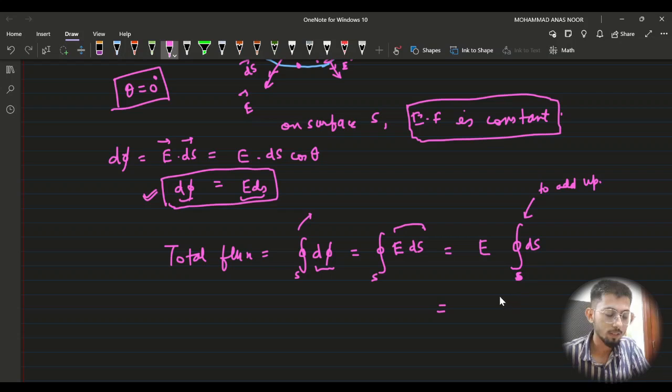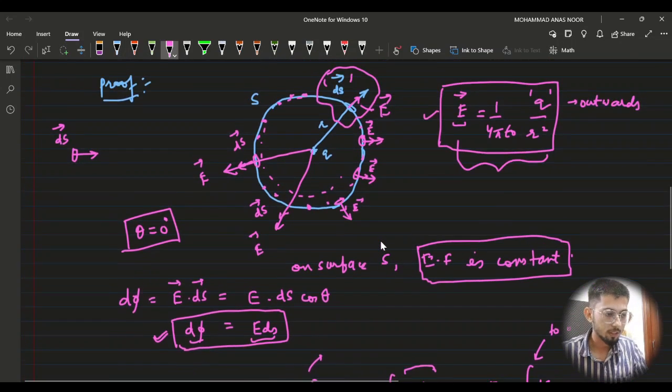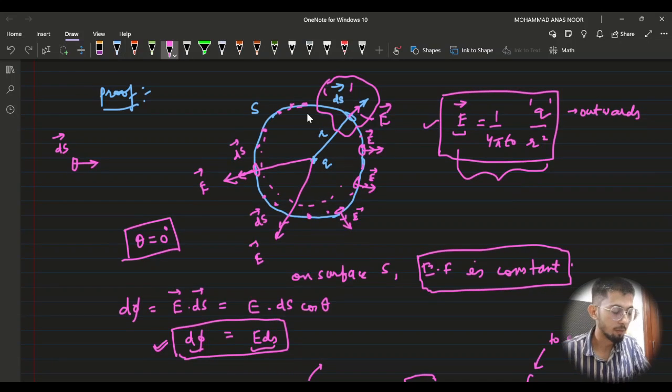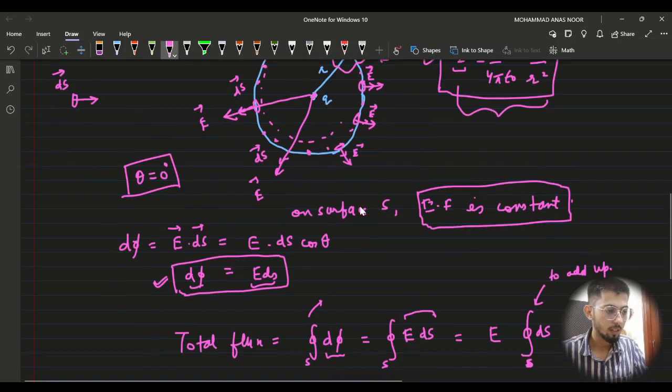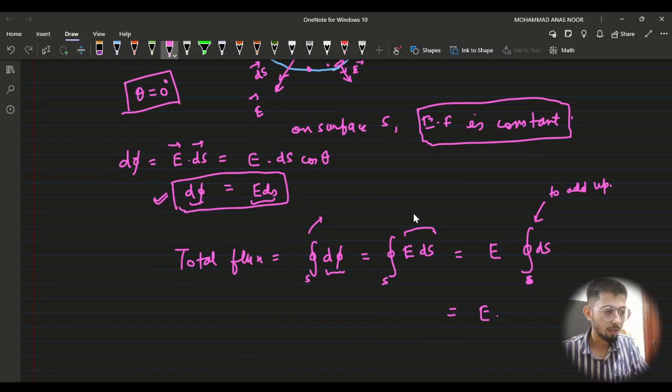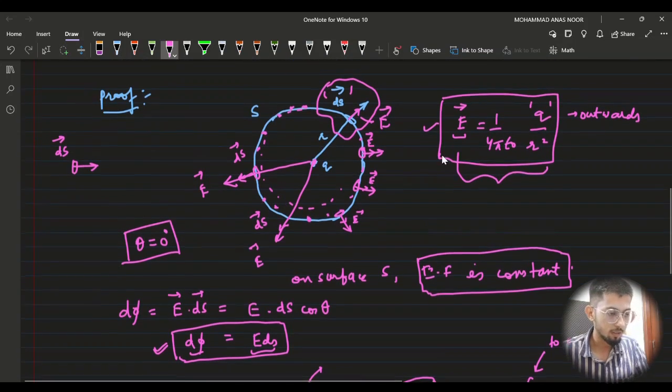So since this is a sphere, remember, this is not a circle. Q is a charge situated, and the electric field would emanate spherically. So the area that would be accounted for here is the sphere, not the circle.